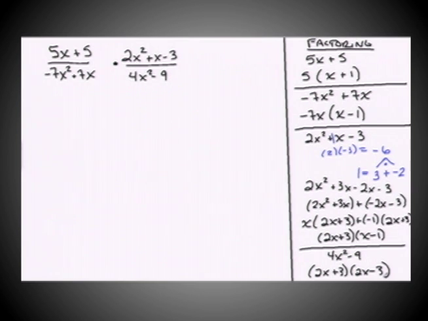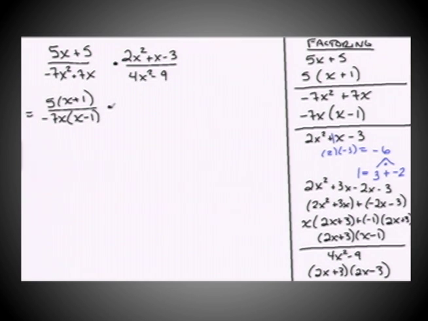All right, so we have all of our polynomials factored. So we are ready to take those factored forms and transfer them back to our original problem. Our problem written in factored form actually looks like 5 times (x plus 1) divided by negative 7x times (x minus 1).